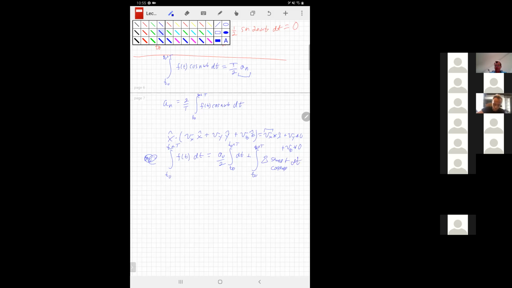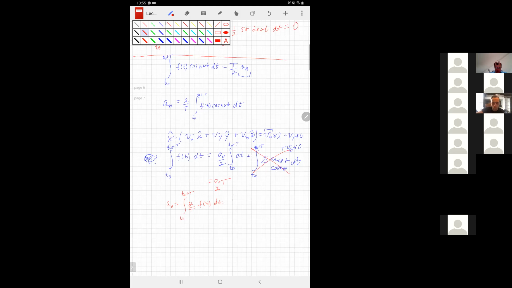And each of those sines and cosines on its own integrates to 0. So this goes away. And we are just left with a naught over 2 times T. So a naught is equal to the integral from t naught to t naught plus the period, 2 over T, f of t dt.